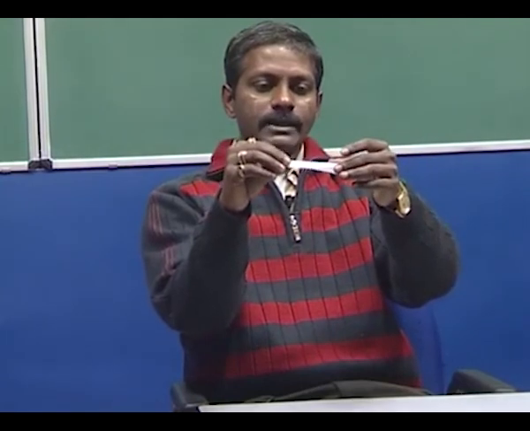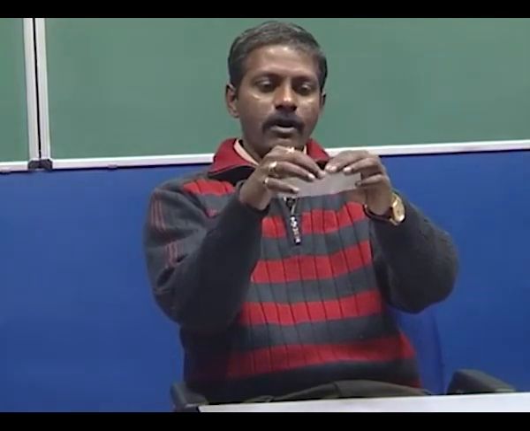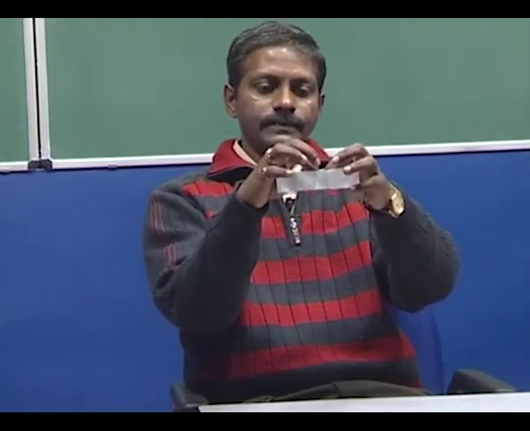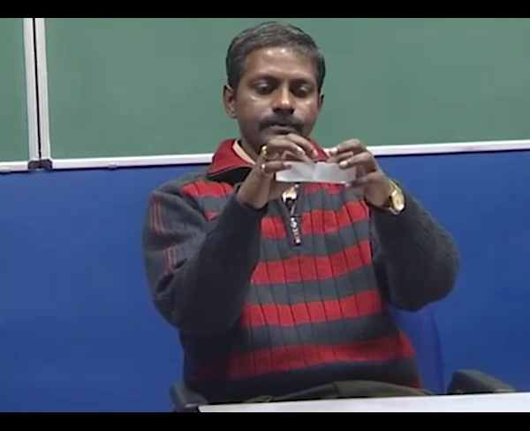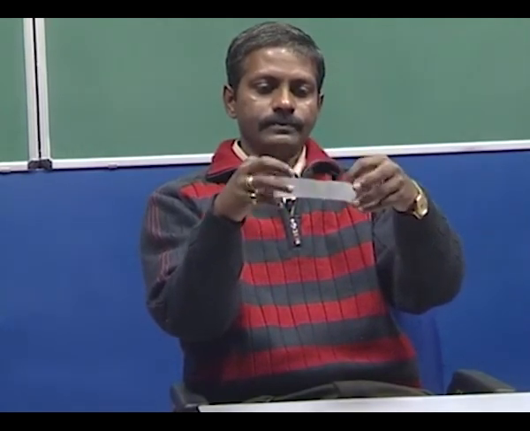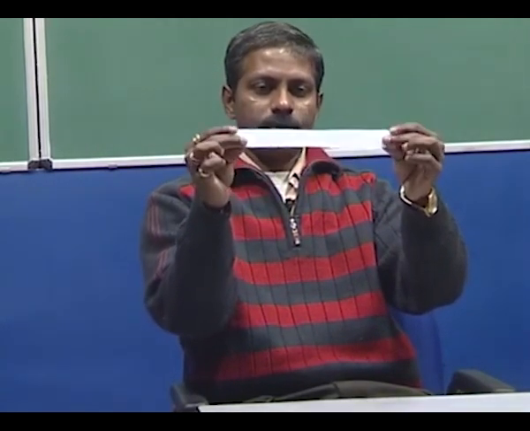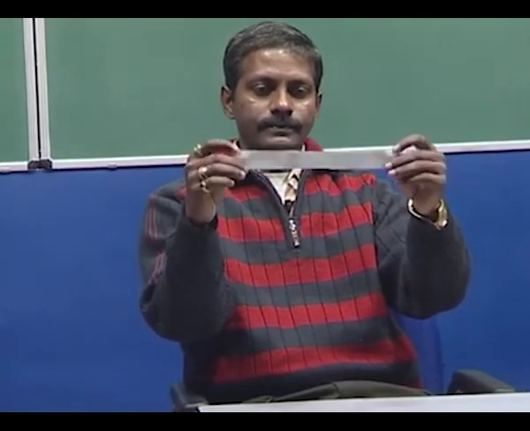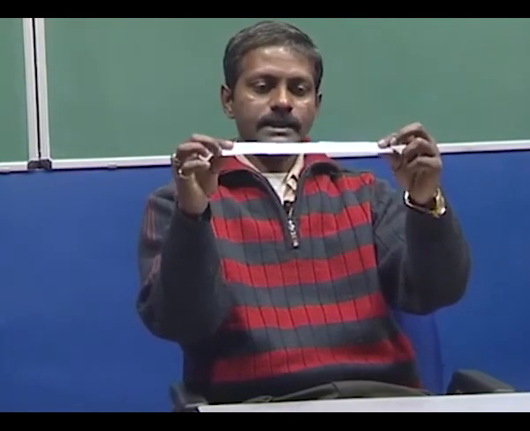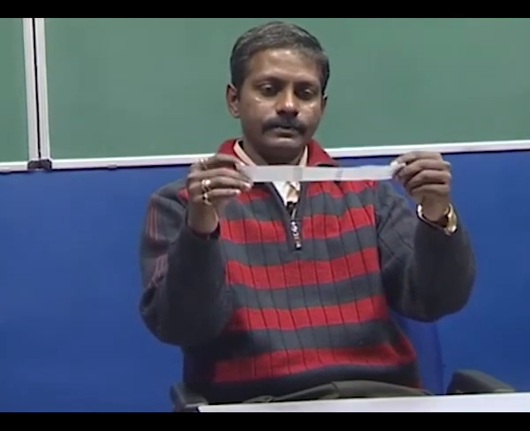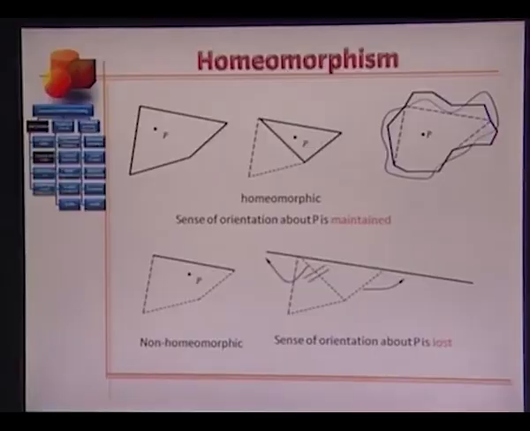To be able to make it a straight line, I have to perform a tearing operation. This is now a straight line. This is the straight line here. I had to cut the loop to be able to make a straight line out of it.